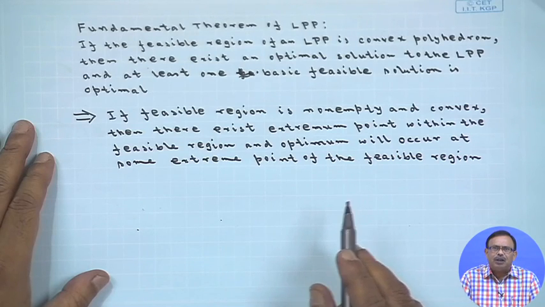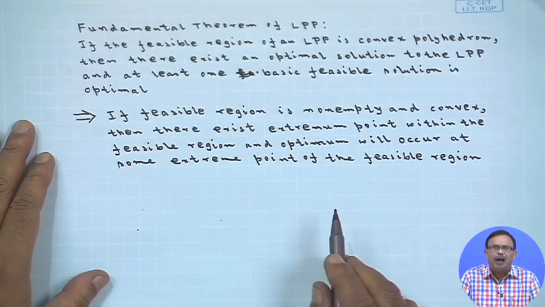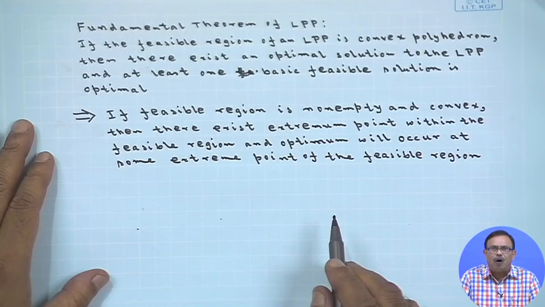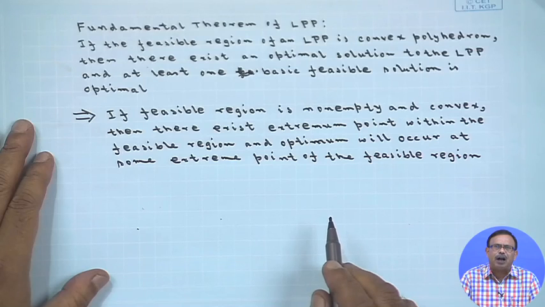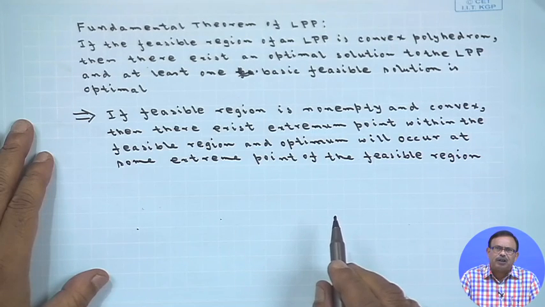So, that means inside the feasible region I do not have to check all points, but I will check only the extreme points, and at the extreme points I will find out the value of the objective function, and from the value of the objective function we can tell which extreme point is giving me the optimum value.